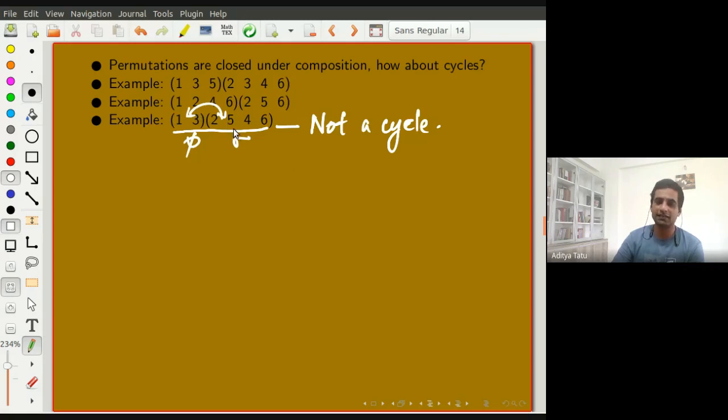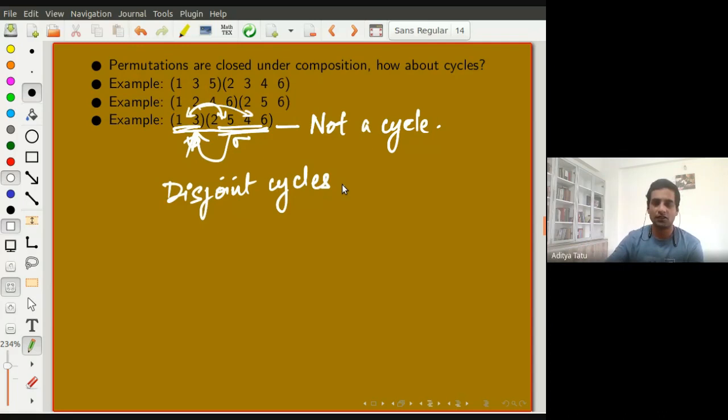So no element from this cycle is going to enter here, and no element from this permutation is going to enter here. These are called disjoint cycles, which is not the case with the first two examples.